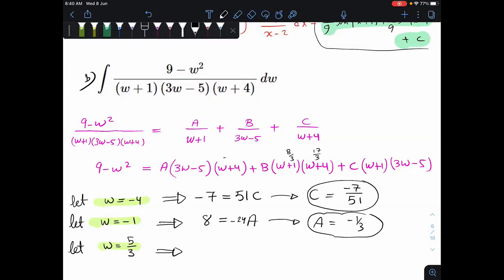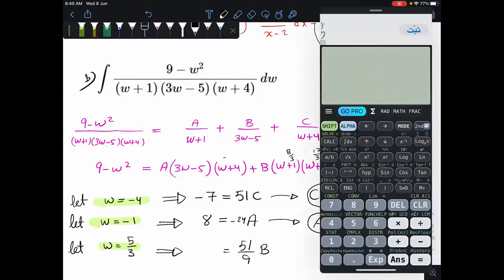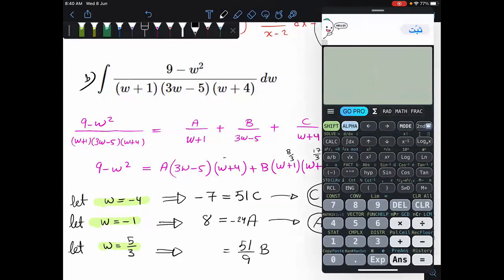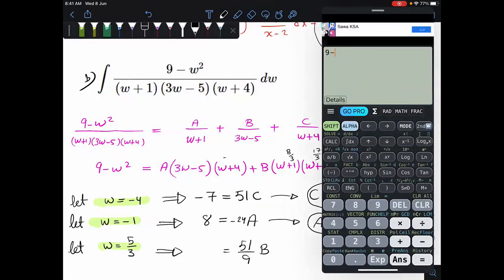So it's 136 over 9 B. B is equal to the left side, 9 minus 25 over 9.